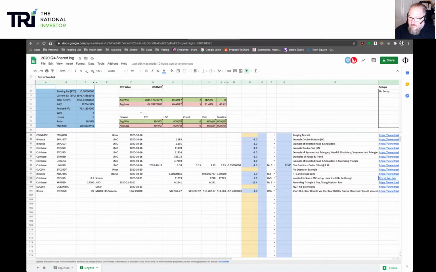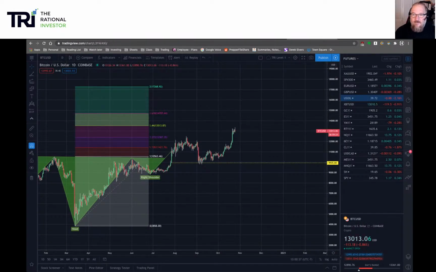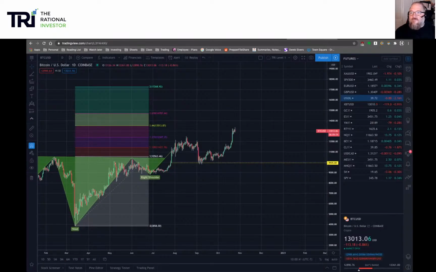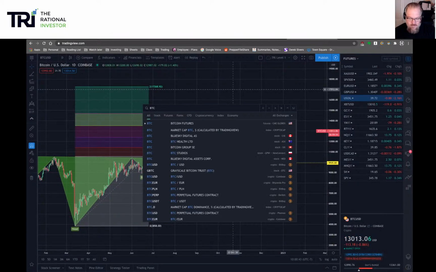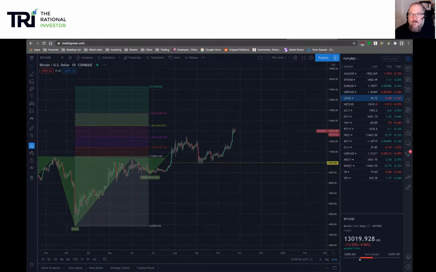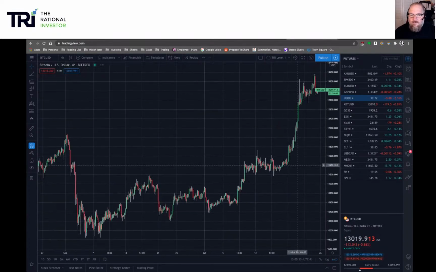Crypto line 101. All right, let's take a look here. Absolutely. All right. I'm going to replicate this on my chart so I can see my cursor and all that jazz. What is this? This is BTC USD on Bittrex on a 4-hour. All right, let's see what we got.